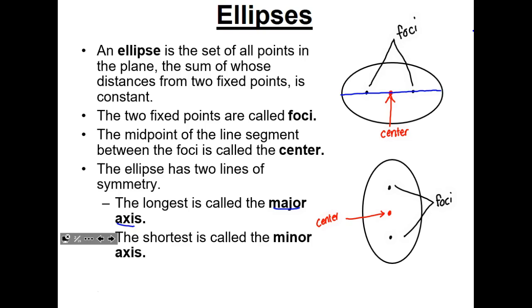So for example here, this would be your major axis, and in this one would be your major axis. And the shorter axis of symmetry is called your minor axis.